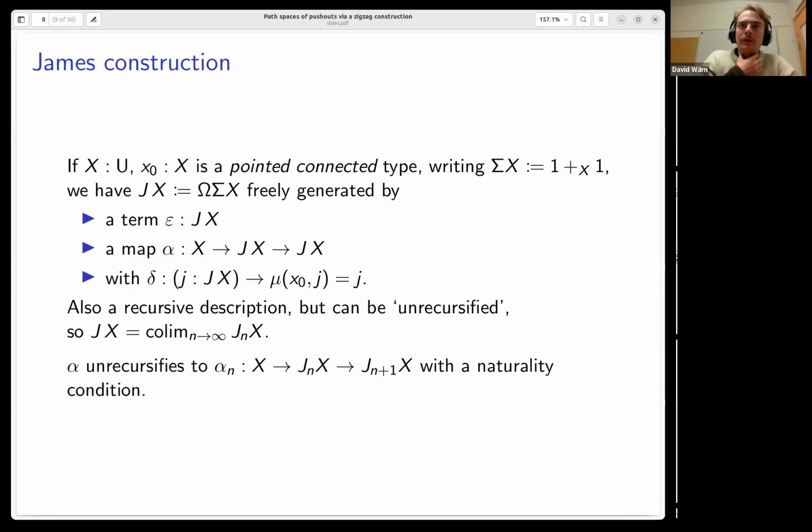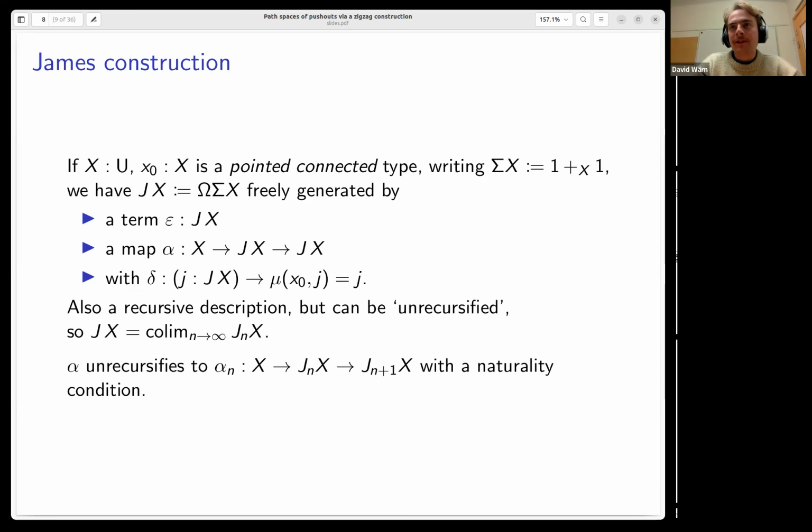And then there is some kind of unit law delta, saying that the base point acts like the identity. So this is also like Kraus and von Raumer's description. It's a recursive description. What's recursive here is the map alpha, which takes an argument of JX and returns an argument of JX.